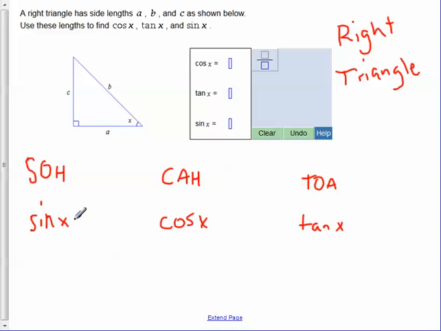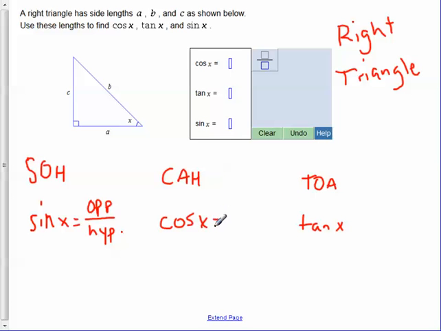So the sine of the angle x can be calculated by taking the ratio of the opposite side divided by the hypotenuse. So that's where the SOH comes from in SOHCAHTOA. So sine is the opposite divided by the hypotenuse.